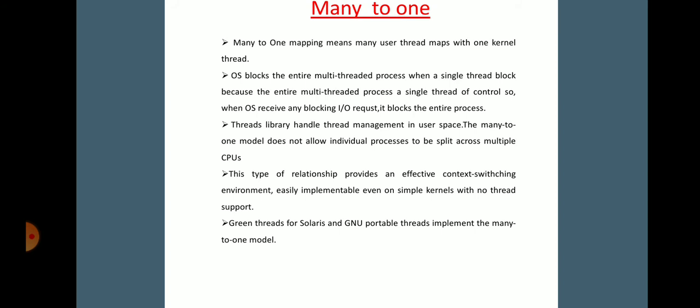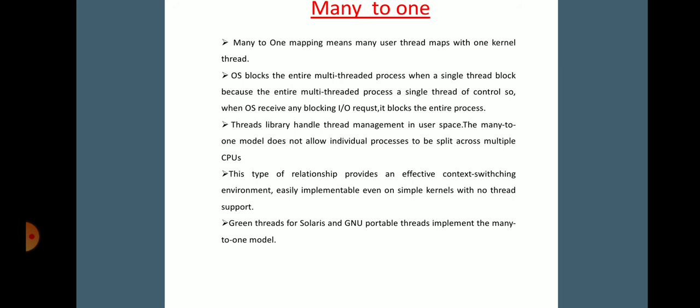The many-to-one model does not allow an individual process to be split across multiple CPUs. This type of relation provides an effective context switching environment and is easily implemented even with a simple kernel with no thread support.